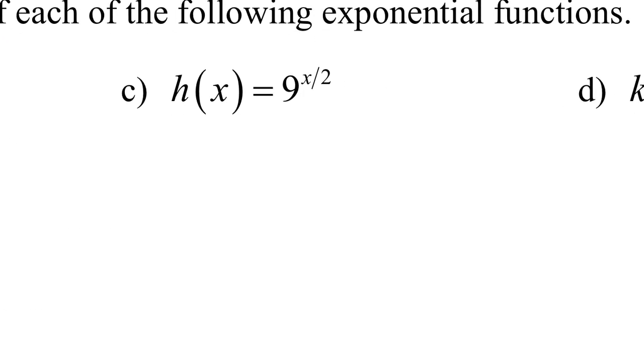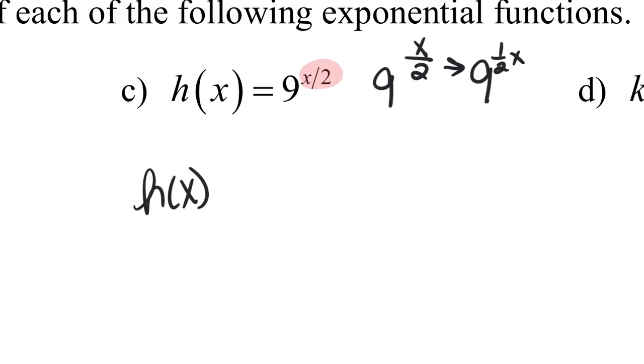Same holds true with letter C. I'm looking at 9 to the x divided by 2. If you don't like the way that looks, you are allowed to rewrite it as x over 2. I do know that this can be rewritten as 1/2 times x, so that you can see all of the representations. If this holds true, my original function would have simply been 9 to the x.